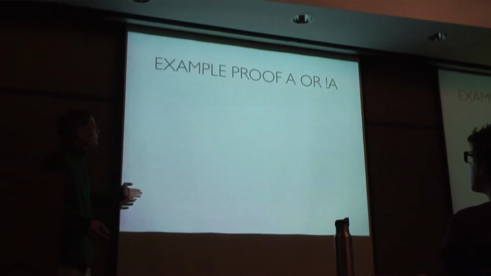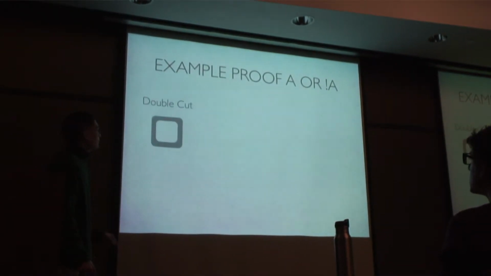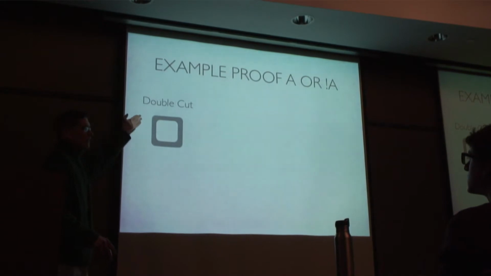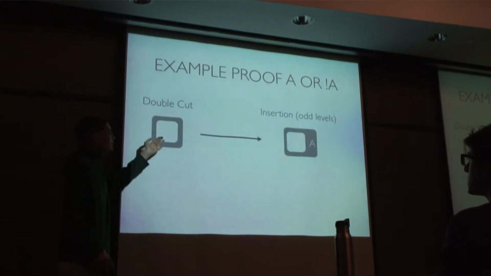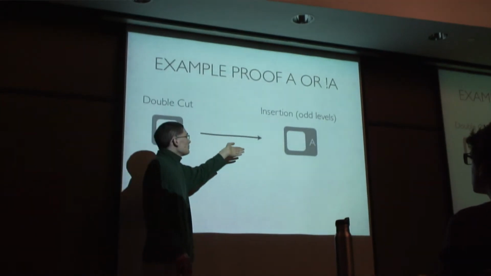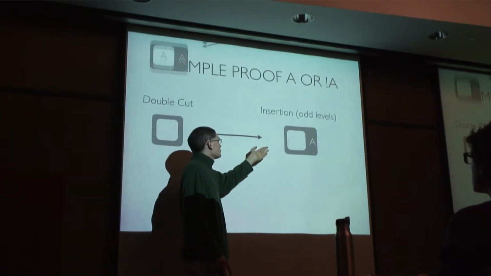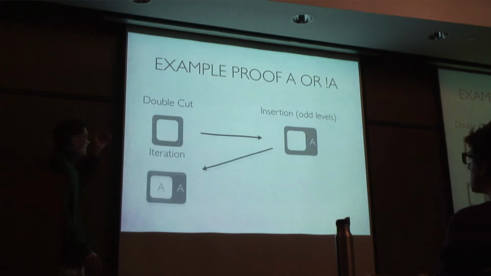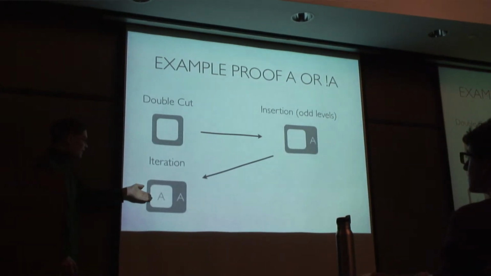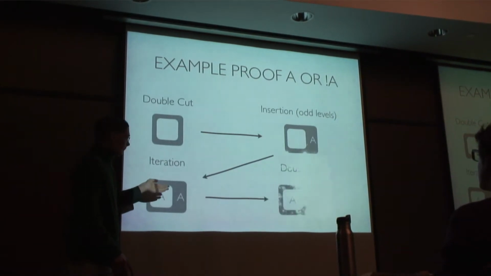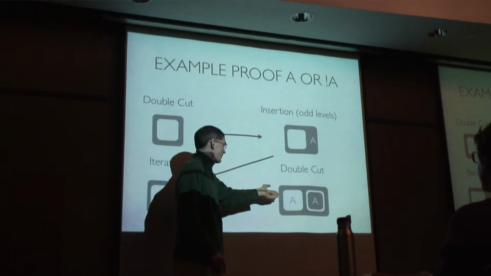So here's an example proof for A or not A. We start off with the blank canvas, and then we double cut to get, well, a double cut. And then we move over to here, and we insert an A there. And iterate the A inside here. And double cut again.